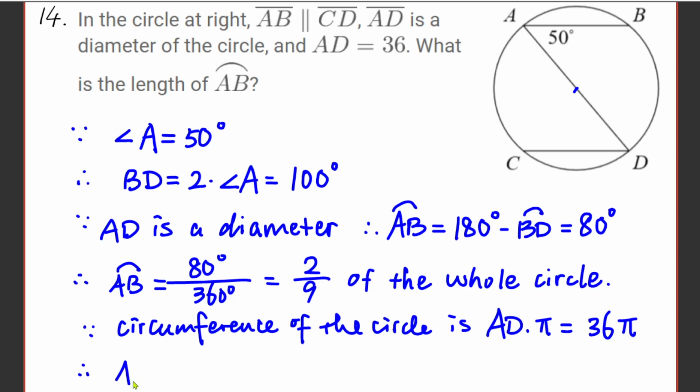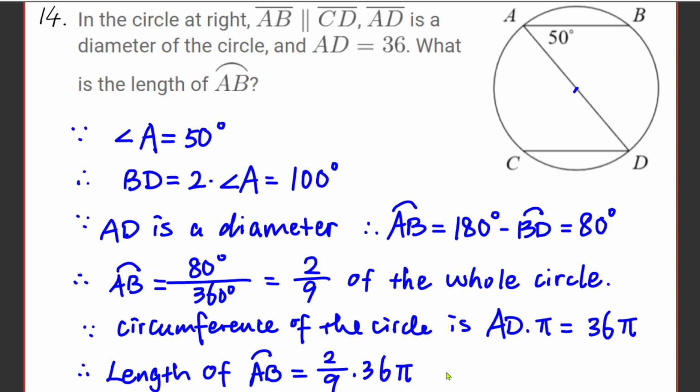So here note we are finding the length of AB, not the degree measurement of AB. So the length of AB here is given by 2/9 of the entire circumference, which is 36 pi, right? Therefore, that is 8 pi. All right, again, have a look at the solution here. Any questions, just let me know.